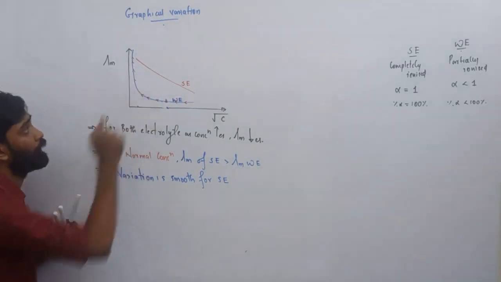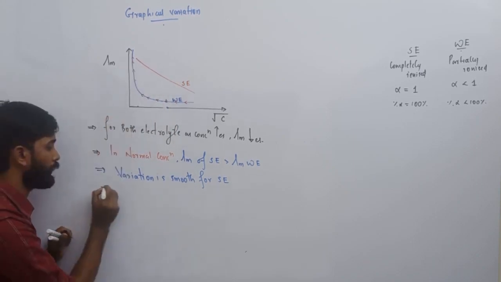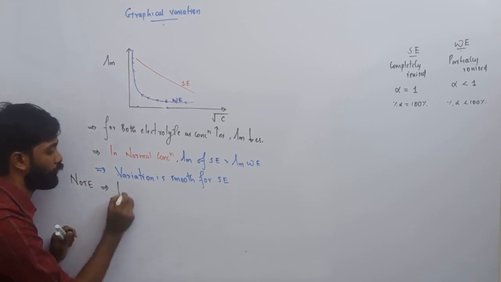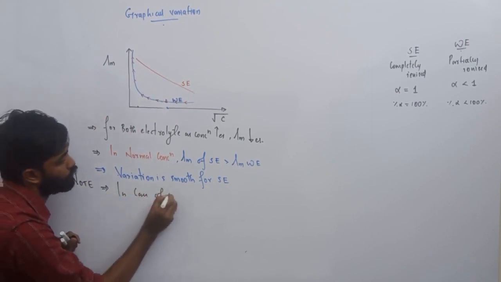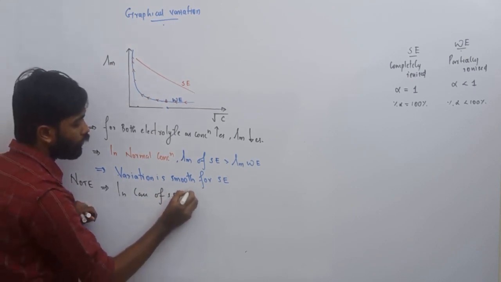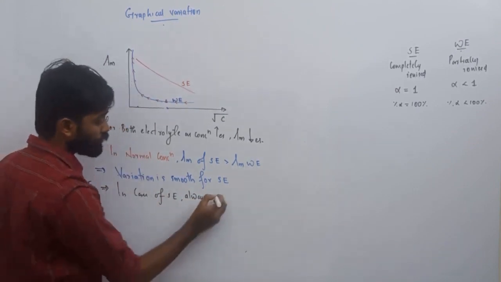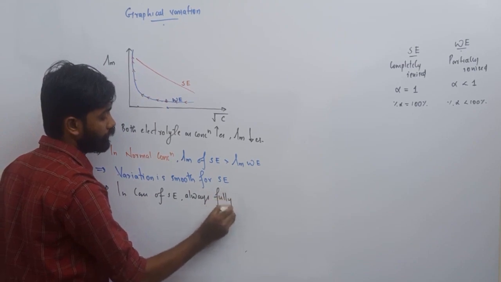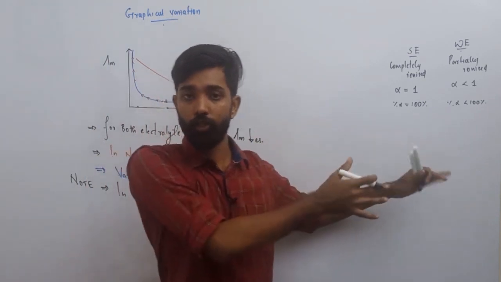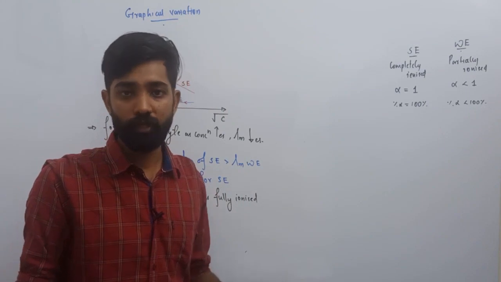Okay, so let me explain why this happens. That is a very important point. In the case of a strong electrolyte, it is always fully ionized, right? Whatever it may be, whether in a higher concentration or a lower concentration, it is always 100% ionized.